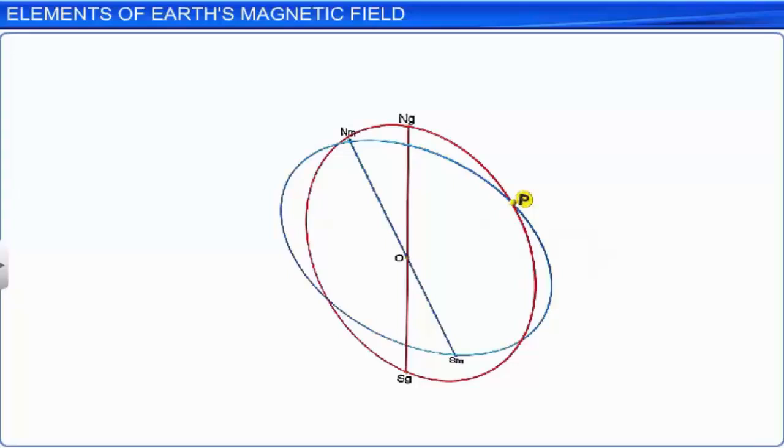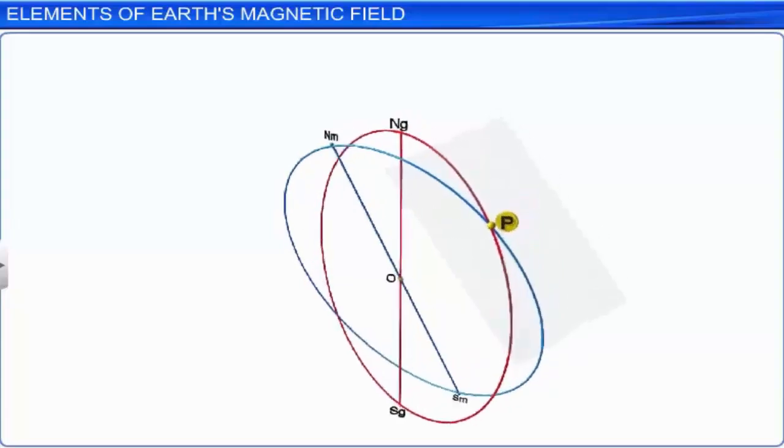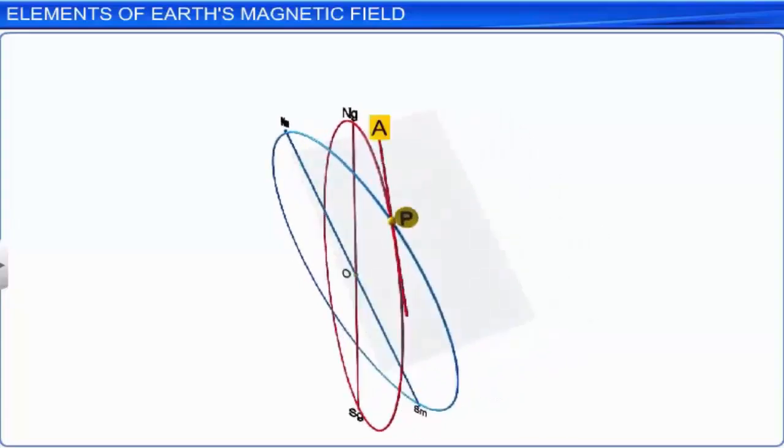Draw a plane which is tangential to the sphere at point P. Draw a tangent PA to the geographic meridian circle at point P. PA lies on the tangent plane and represents the geographic north-south direction.